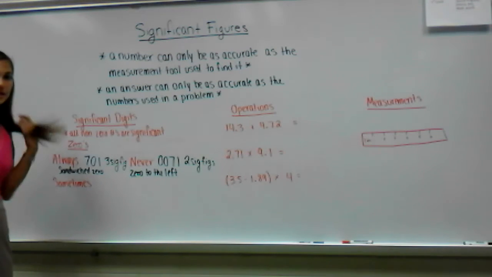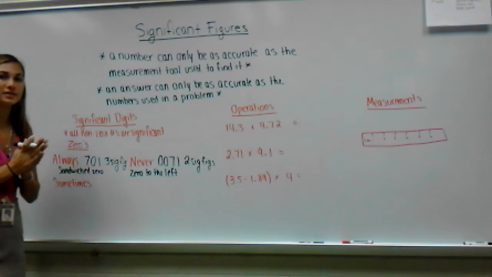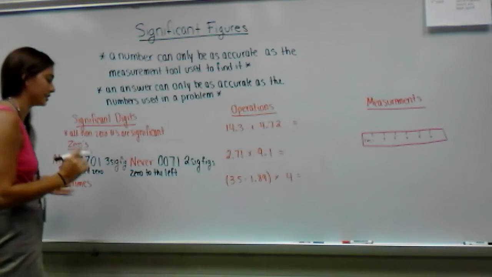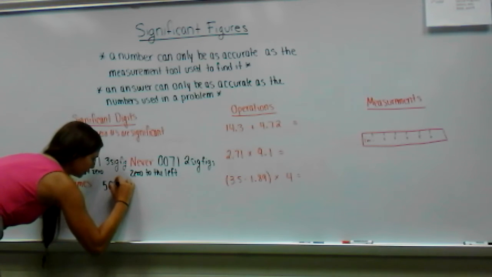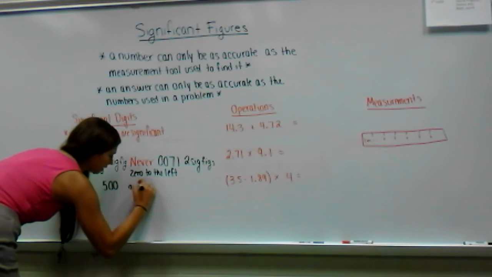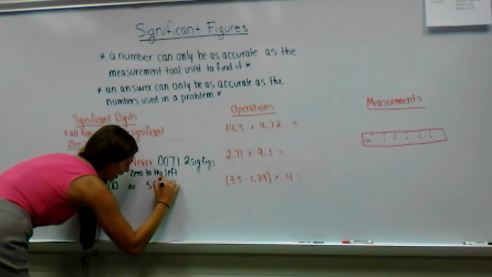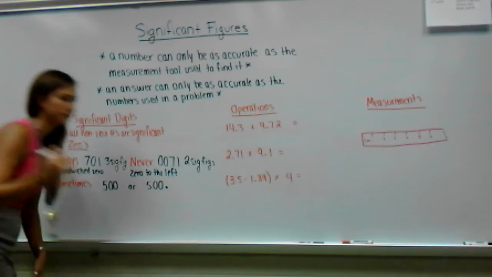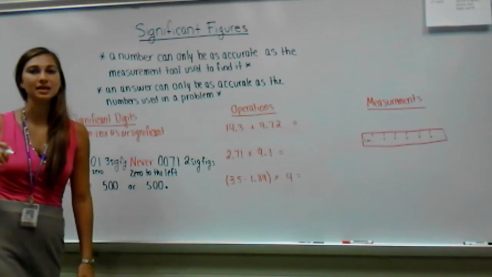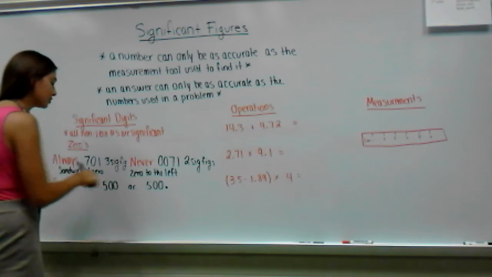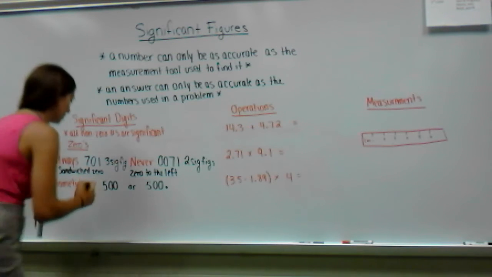Now our sometimes rule. Our sometimes rule applies when zeros are to the right of non-zero digits. So for instance, we can have 500, or we can have 500 with a decimal. If there is no decimal present in a number, the zeros to the right are not significant.